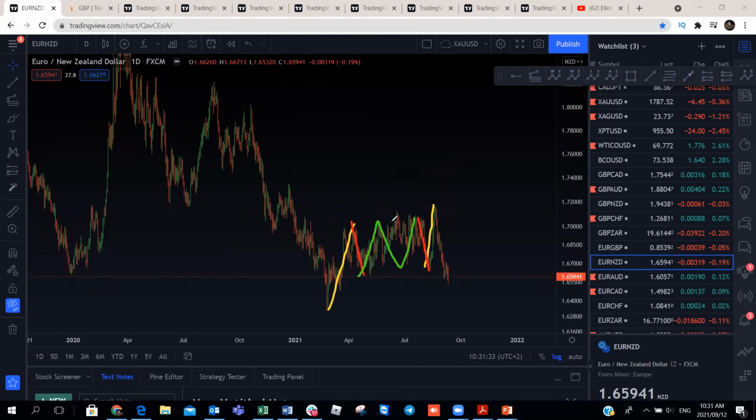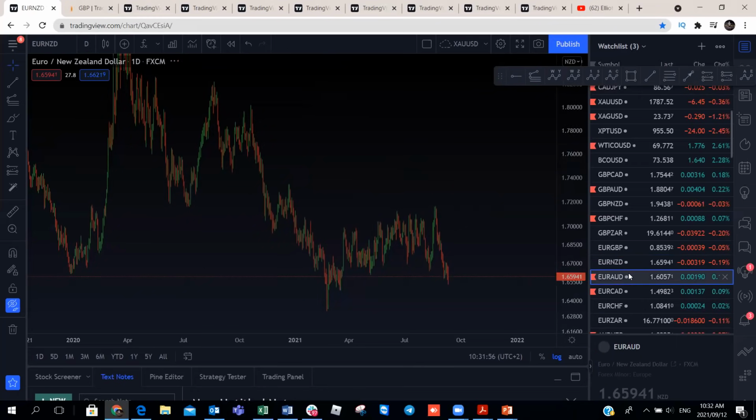So you've got that, you've got that, you've got that. Right, so that is the structure. The bigger yellow degree here will be an A, this will be a B, that will be a C. That means the structure is completed there. So we'll be looking for euro New Zealand to make continuation patterns to the downside. Very interesting structure on euro New Zealand.